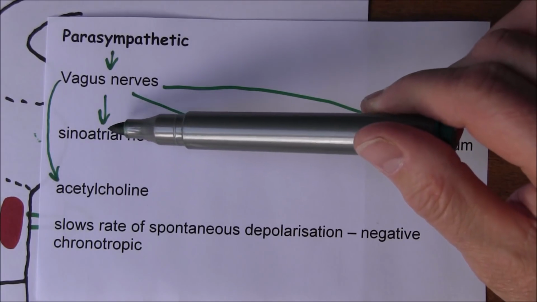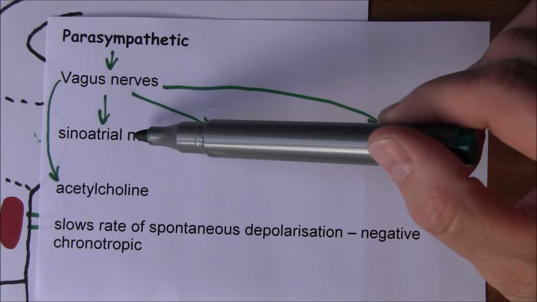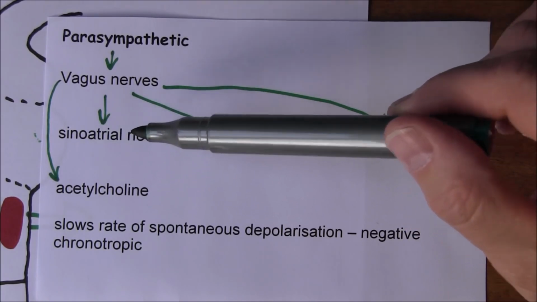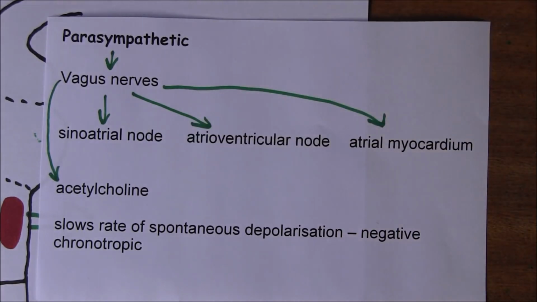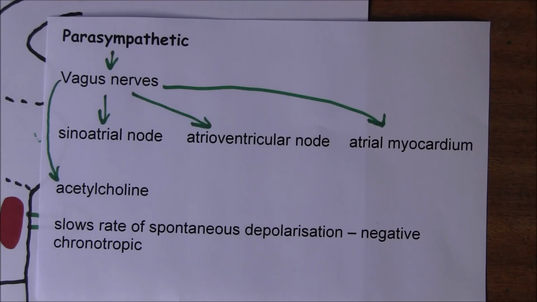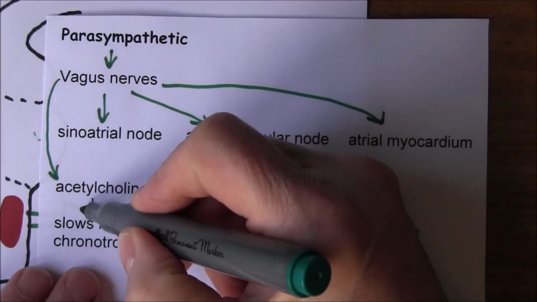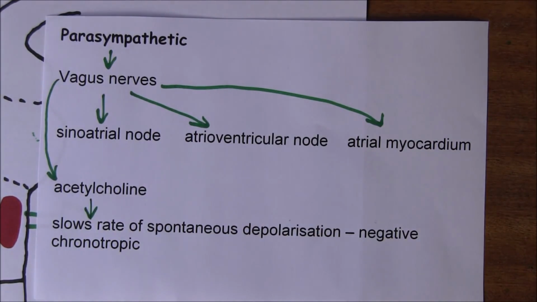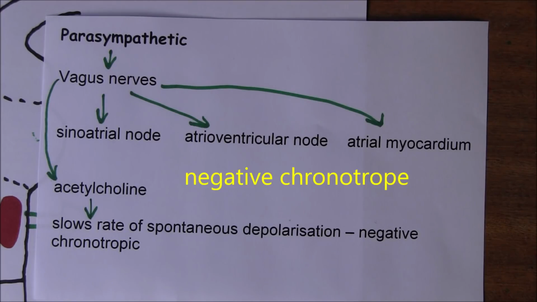When the acetylcholine arrives at the sinoatrial node, the node knows it's time to slow its rate of depolarization, and will do so with the equivalent effects on these other tissues. So what this is going to do is slow the rate of spontaneous depolarization. It's a negative chronotrope. It has the opposite effect. It slows the heart rate down, thereby reducing cardiac output.